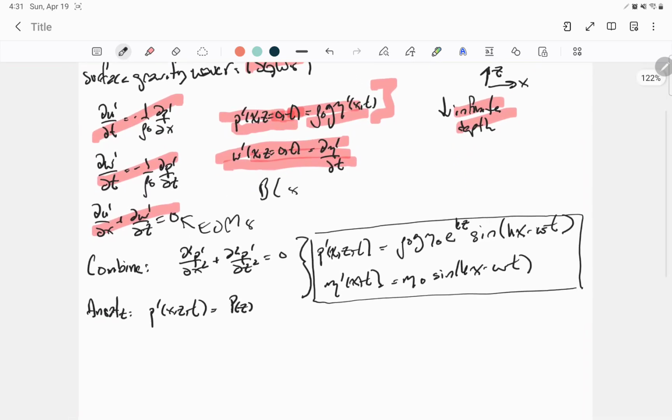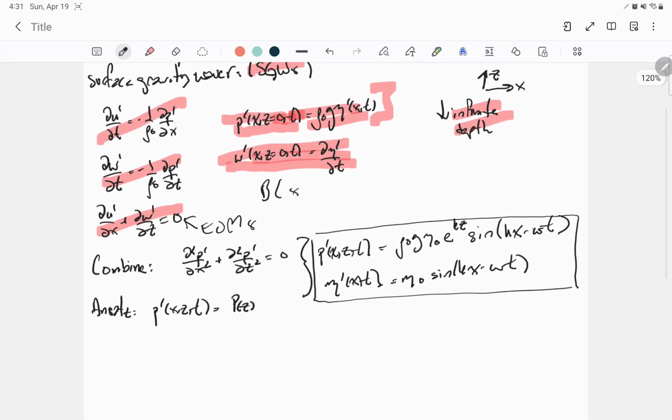And so last time we started this, but we did not finish it. And so what we did last time was we boiled our equations down. We combined all of our 5 main equations, or at least I think we combined 3 of them, and got to this equation here, which says that d squared p prime dx squared plus d squared p prime dz squared equals 0.